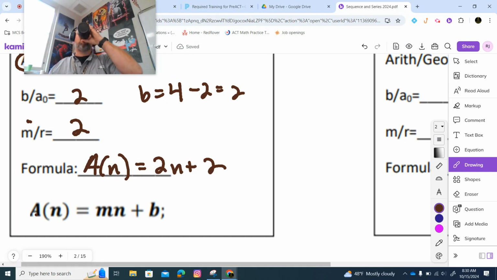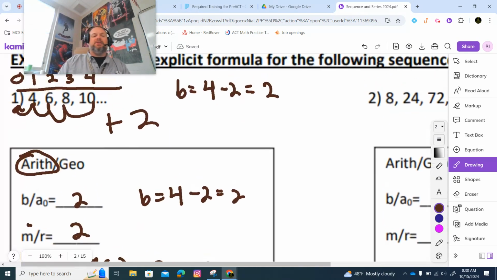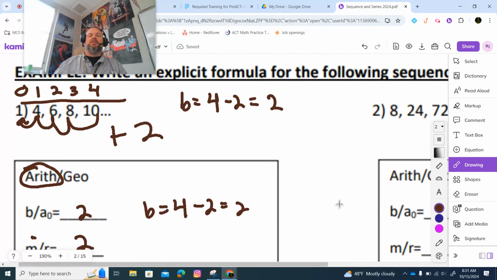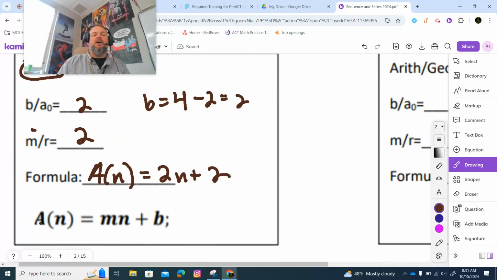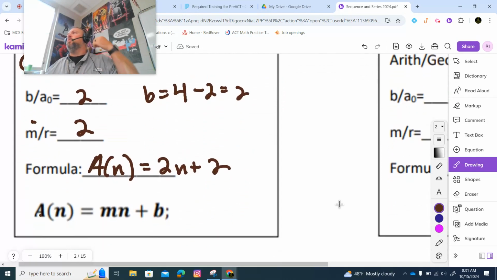So what does the A and the N mean? This is like in this sequence, the first, second, third, fourth. You could ask me what is, just give me a number between 4 through 100. Just give me a number. 20.